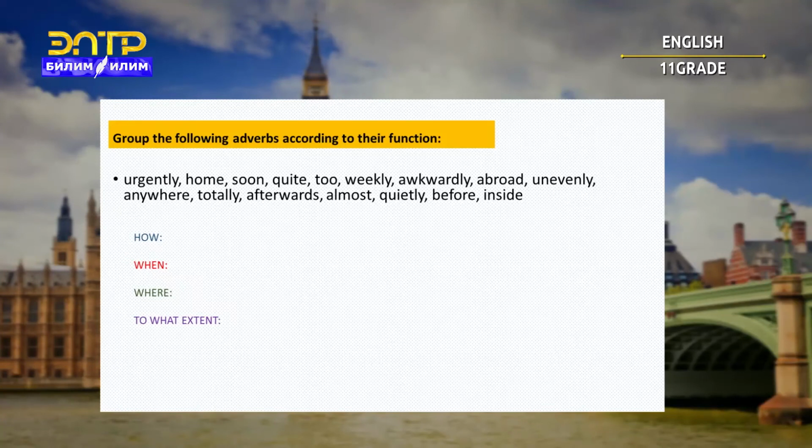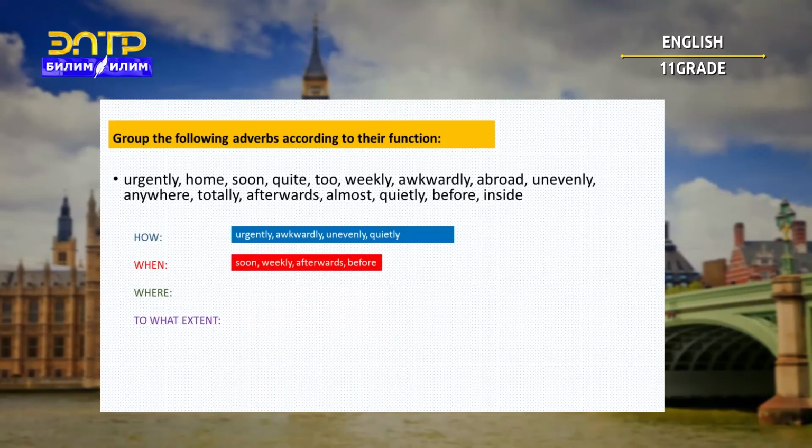Are you ready to start? Let's start. How, the words which come to this group: urgently, awkwardly, unevenly, and quietly. Yes, guys, you are absolutely right. Perfect. Well done. Let's get to the next. When. This is time. And soon, weekly, afterwards, before.